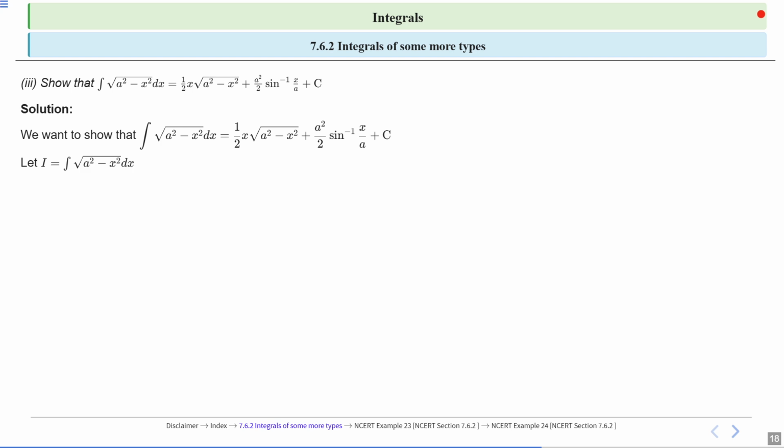So we want to show that integration of square root a square minus x square dx is x by 2 into root under a square minus x square plus a square by 2 sin inverse x by a plus c. So let's consider I is equal to integration of root under a square minus x square dx.